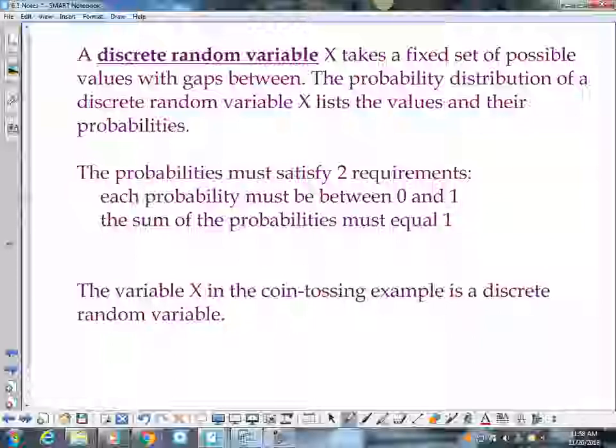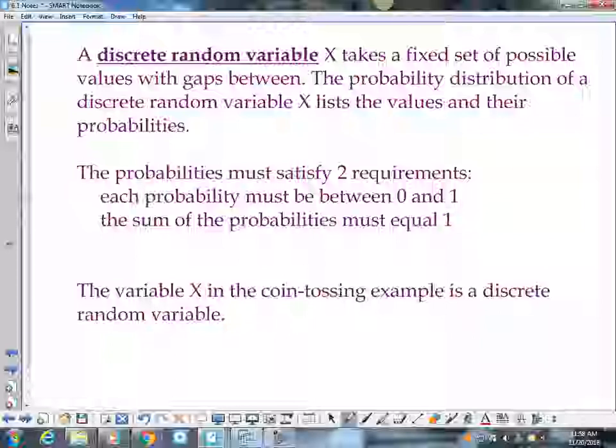A discrete random variable X takes a fixed set of possible values with gaps. Guys, could you get 1.5 tails? That's going to be huge because I'm going to really try to hammer home the difference between discrete and continuous. So make sure you understand that.